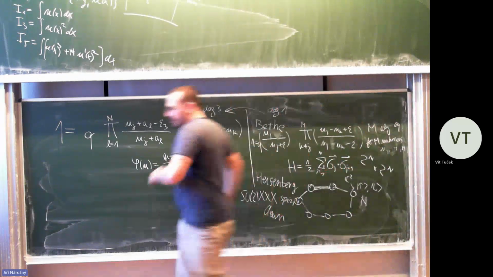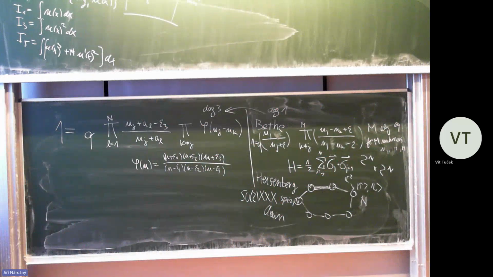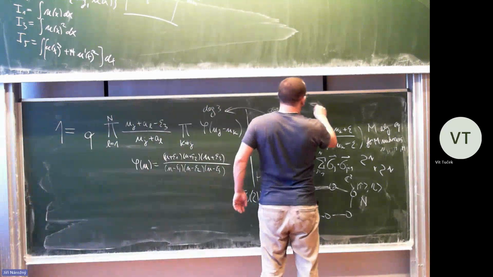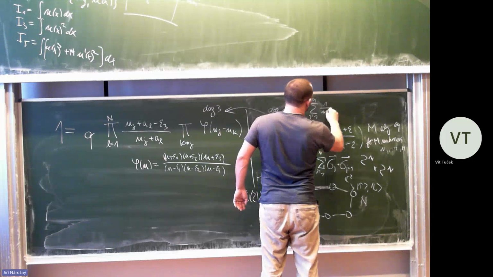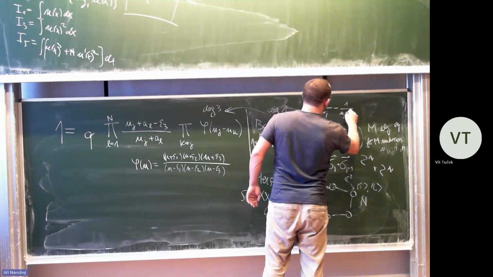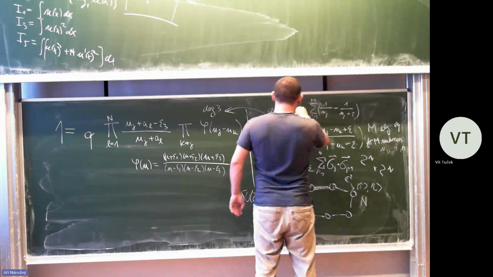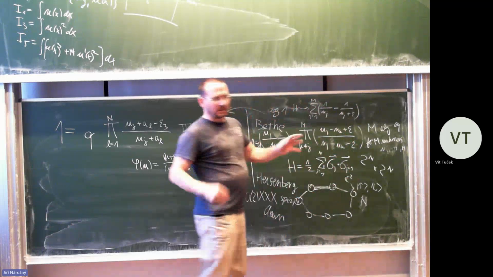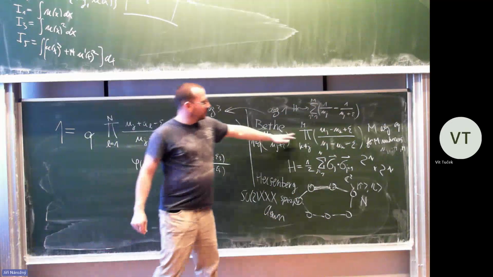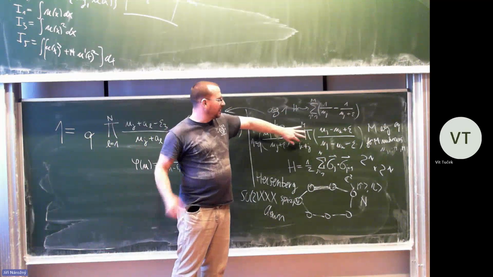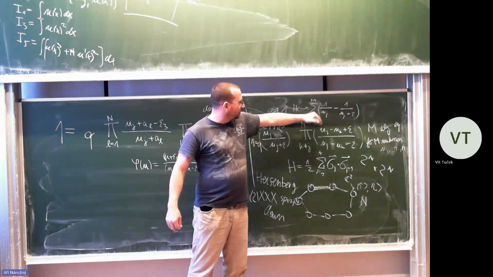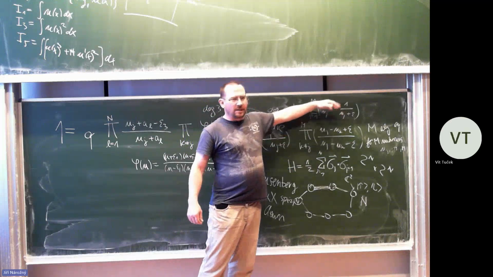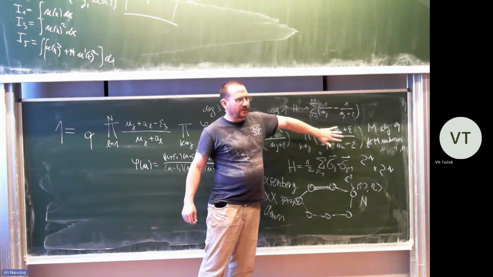It's something like the sum from j=1 to m of 1 over u_j minus 1 over u_j plus epsilon, up to some overall constants. So every good solution of these equations corresponds to an eigenstate of this Hamiltonian, and the eigenvalue is simply encoded in a rational function of these roots.